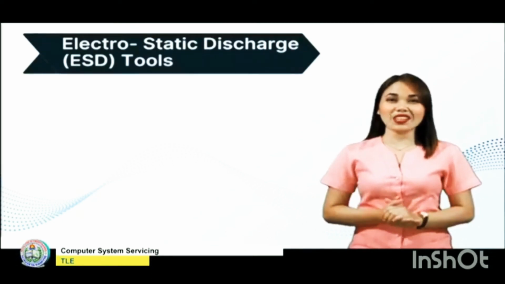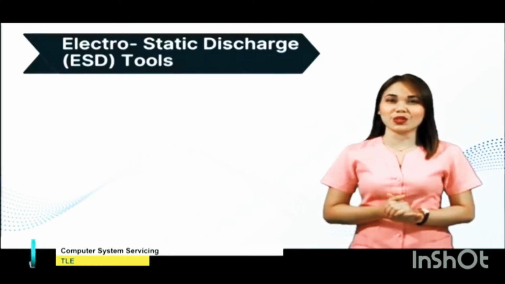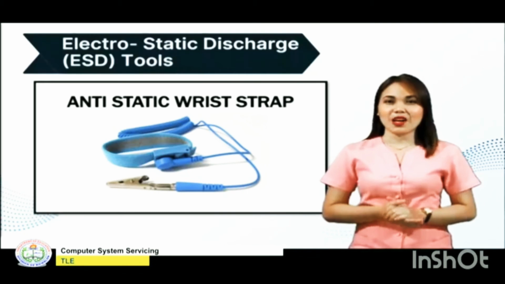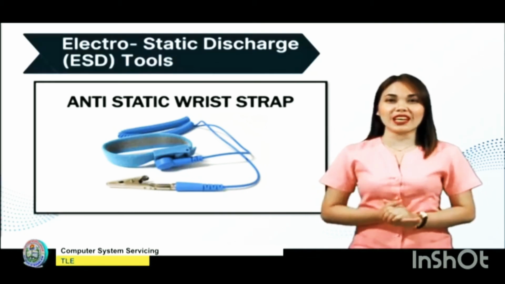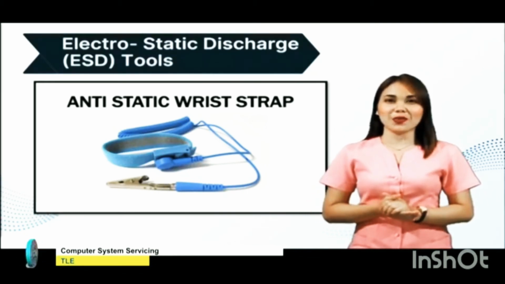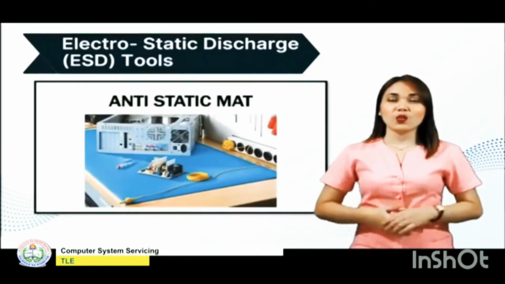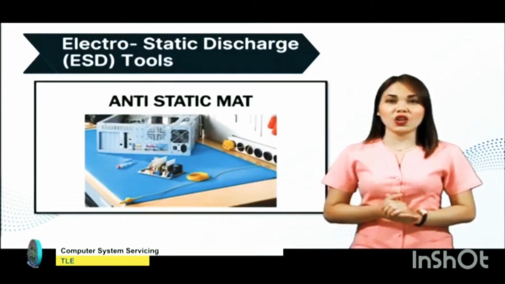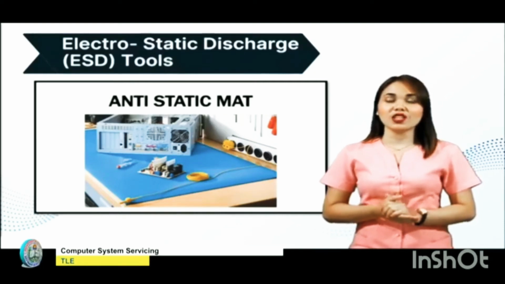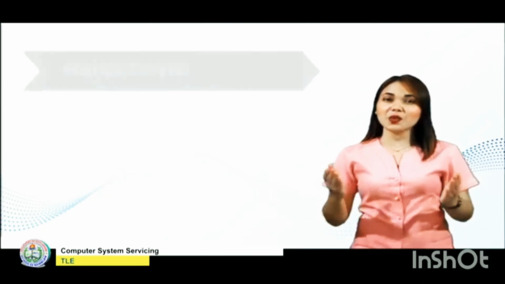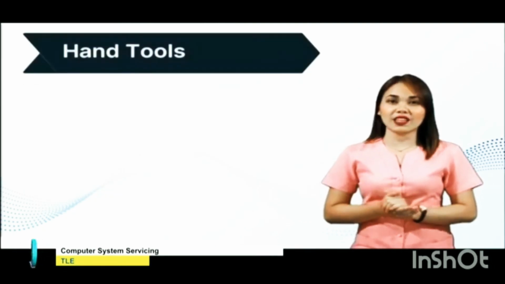Now, what do you think are the ESD tools? First, we have the anti-static wrist strap, which is used to prevent ESD damage to computer equipment. We also have the anti-static mat, which is used to stand on or place hardware on to prevent static electricity from building up.